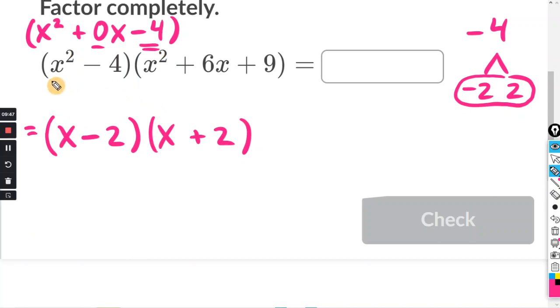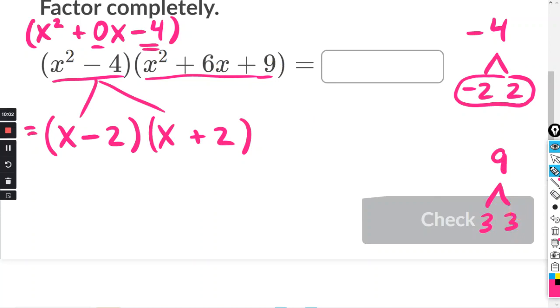All right, so this right here are those 2 terms. And now this one right here, 2 numbers that multiply to 9 and add to 6. Let's write out the factors for 9. We have 3 times 3, and those two add to 6. All right, so again, 2 sets of parentheses.